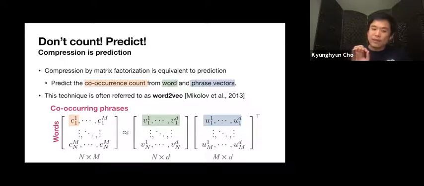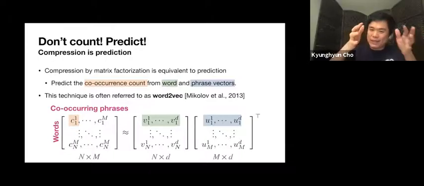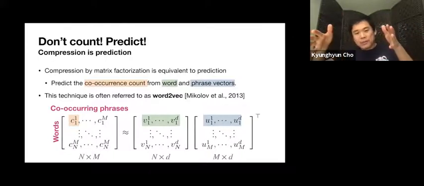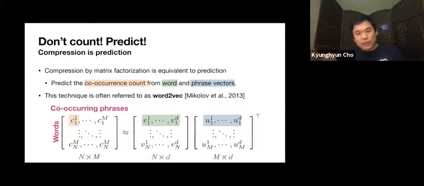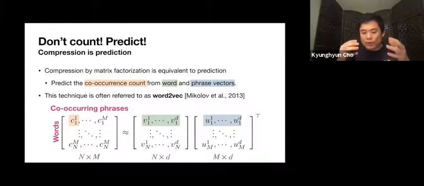This technique is often referred to as word2vec, because we are turning a word into a vector by making sure that this vector is predictive of the co-occurrence count. It was proposed in 2013 and has been improved over many years. Nowadays, it is the de facto standard for inducing continuous vector representations of words.